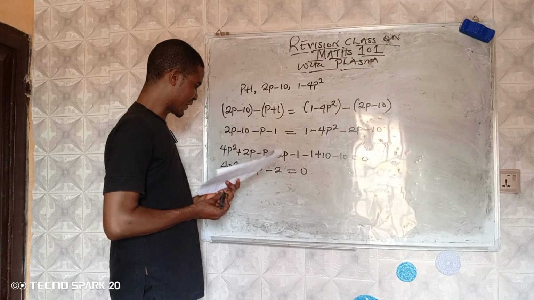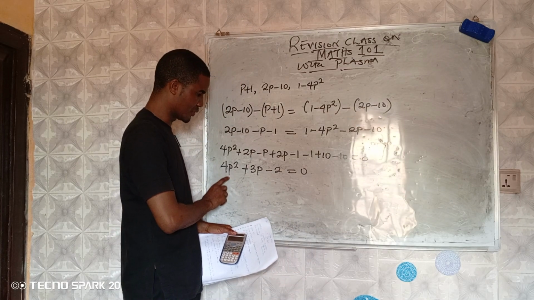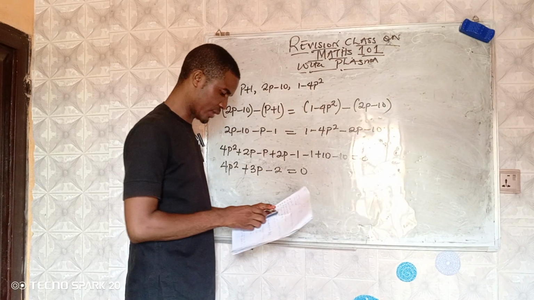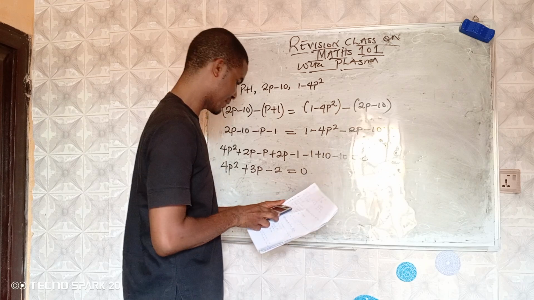If you observe, this is now a quadratic equation because the highest power of the unknown here is 2. So I'm going to solve using my calculator.